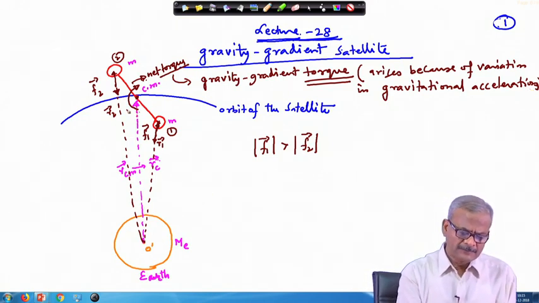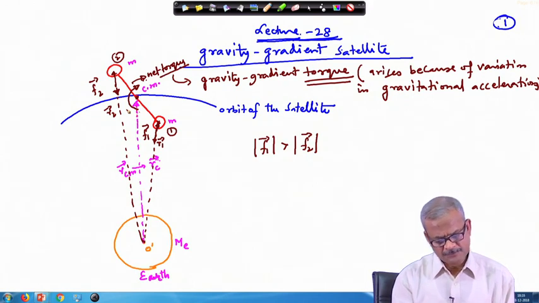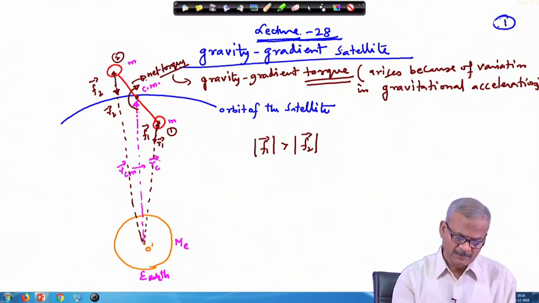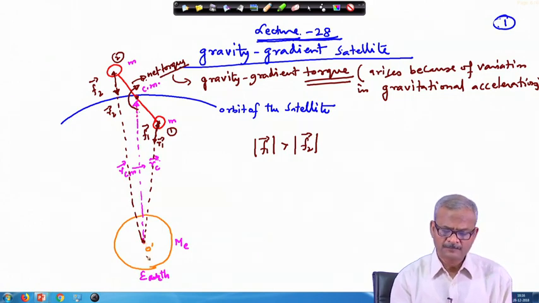So this simple figure says how your satellite can get affected because of the gravitational pull of the earth.